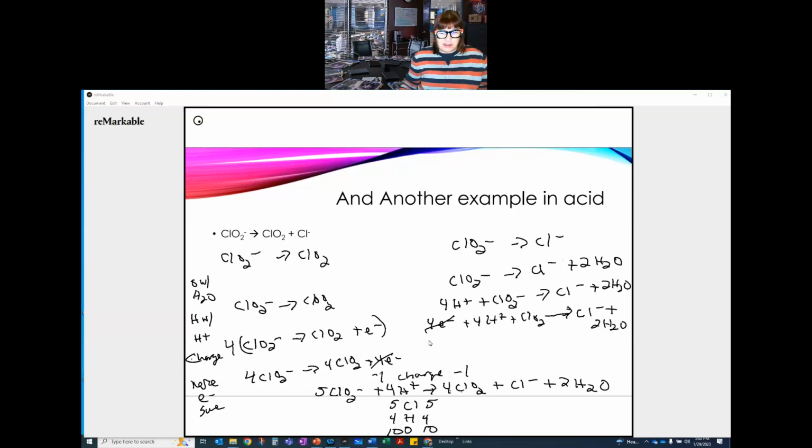Everybody's balanced. As long as you don't confuse yourself when you try to add stuff, you should be fine. But again, for me, that's important. In my head, I thought I only had 4 chlorines on the product side, because I thought I had messed up the math, so I had to go back and check my math.